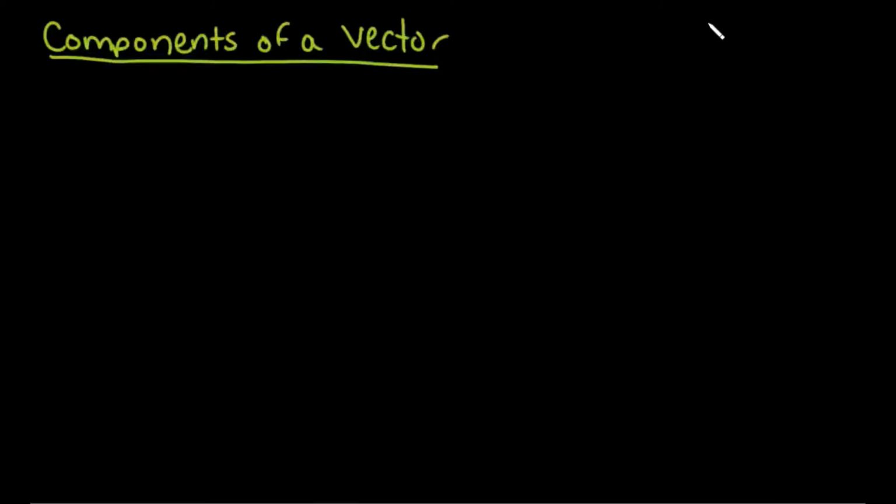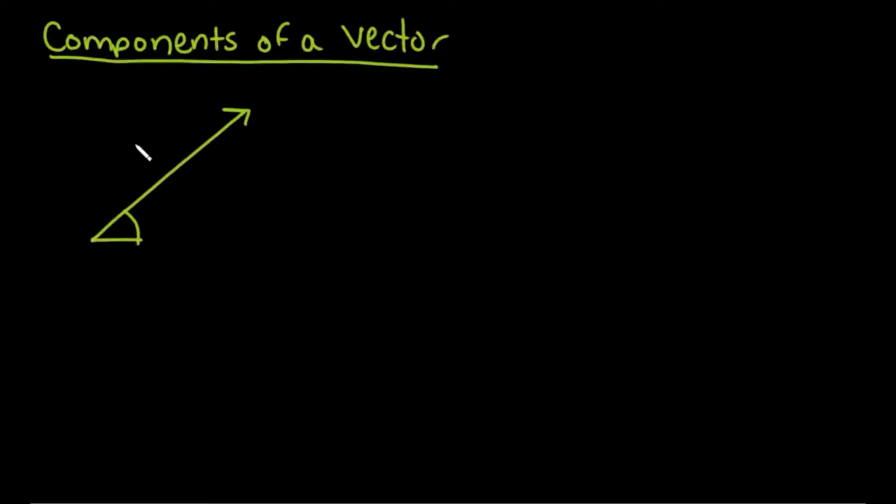So we now know how to find the magnitude and direction of a vector. The next step is to figure out what the components of a vector are. So again, let's draw an arrow, and we know that there is an angle associated with that.